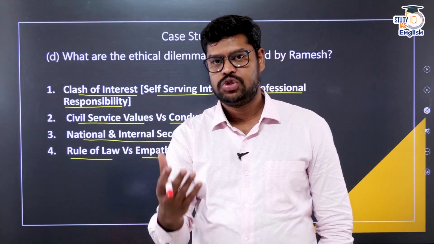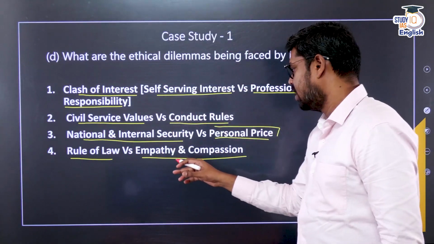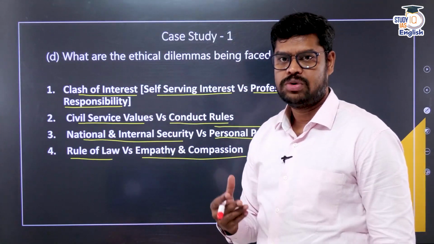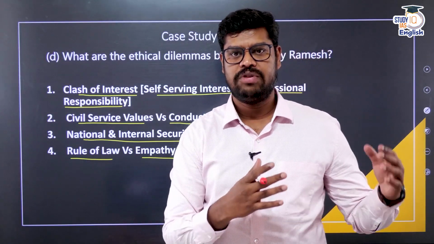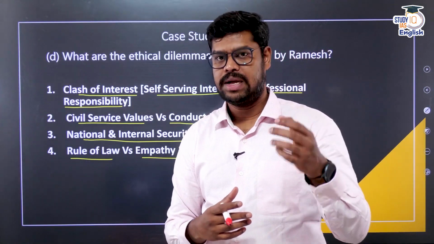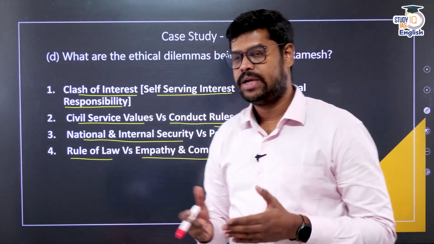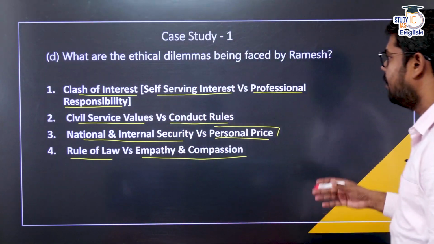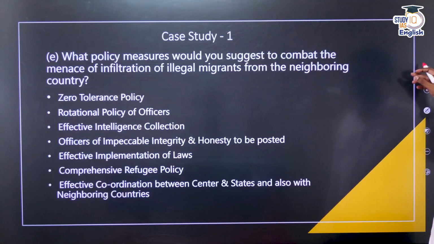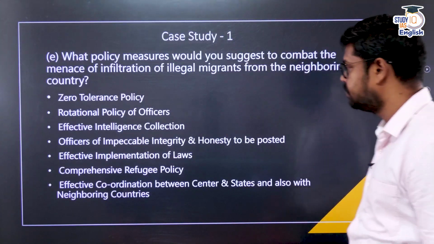Does Ramesh have to show empathy towards these people? Does Ramesh have to be compassionate towards these people? Because as a civil servant, one of the values is also to be empathetic and compassionate towards the weaker sections. So this is again an ethical dilemma that may arise out of this particular case. But however, out of this ethical dilemma, he has to act in this particular case.